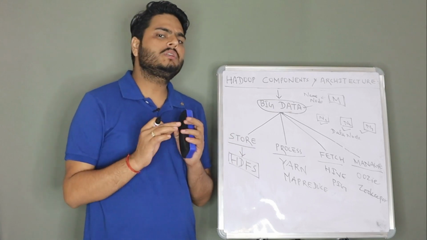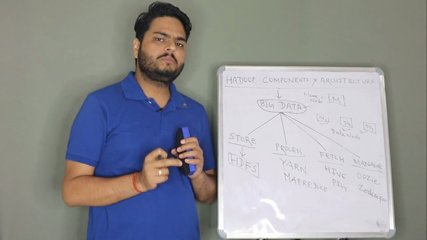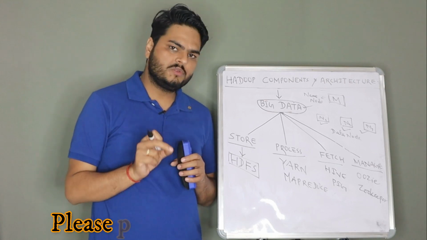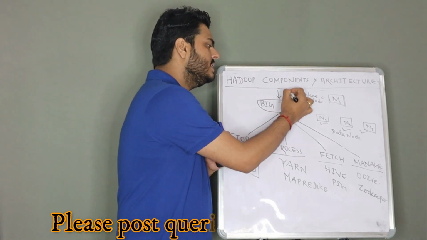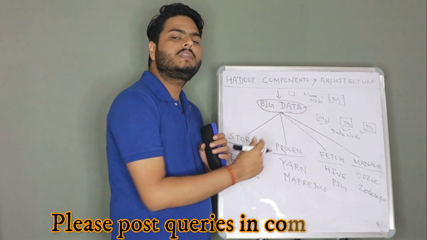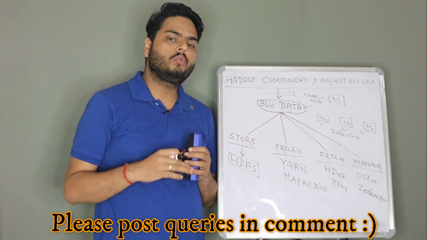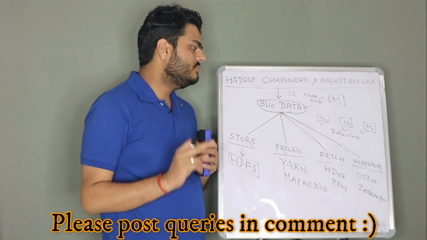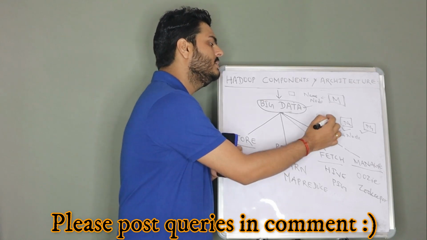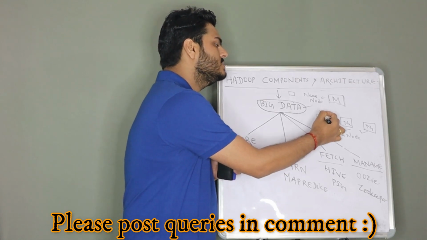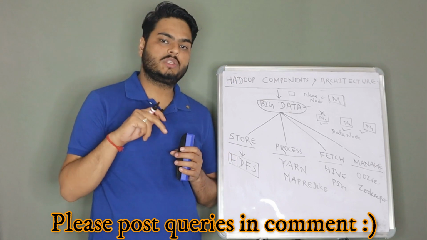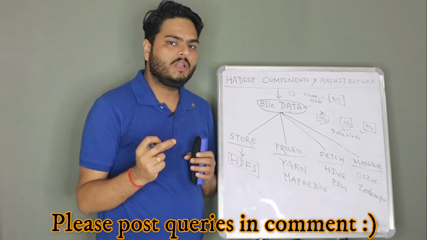Now there are a few more things about HDFS. HDFS maintains replication of data, which means if there is a piece of data, it will be replicated 3 times across multiple nodes. Why? What happens if data is stored at only one node and this node goes down, or the server goes down? Then the data will not be available, right?